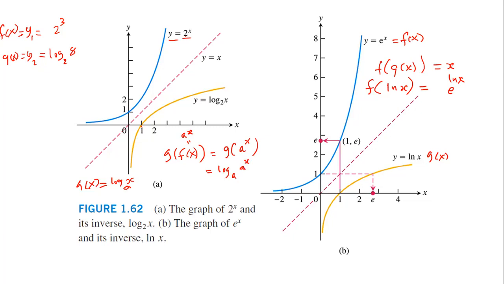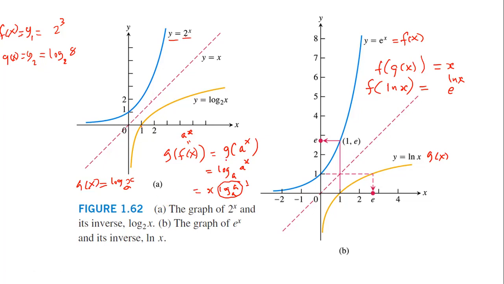Anytime we have log of something, we have to take this power to the left-hand side. So this will be equal to x log to the base a of a. Log to the base a of a is equal to 1, right? So we have x, right?